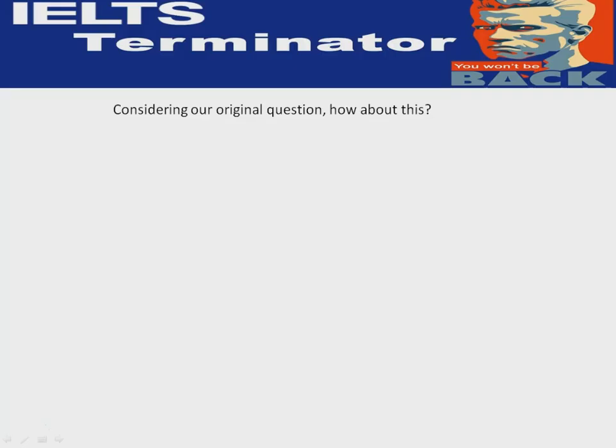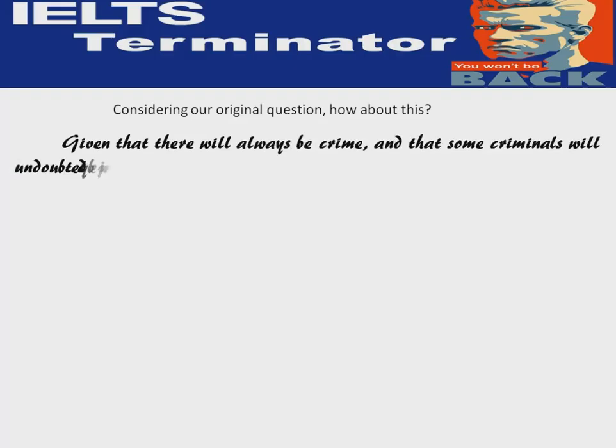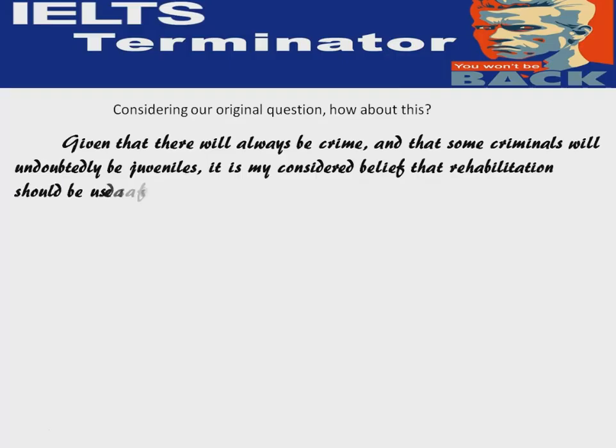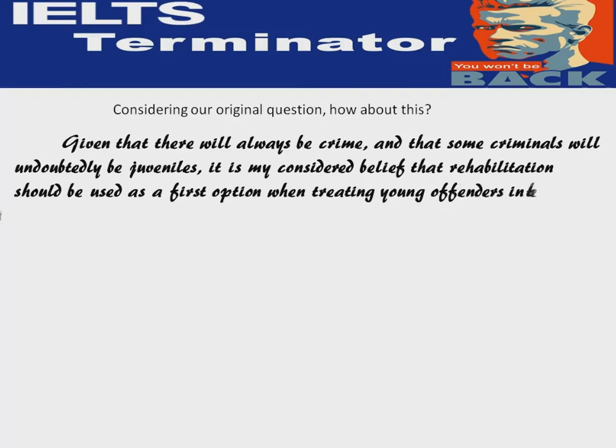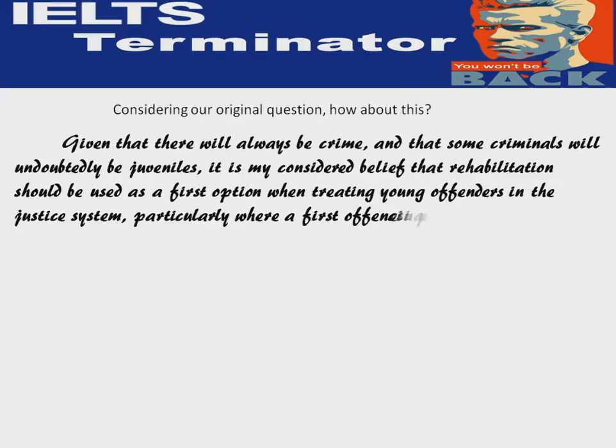Considering our original question, how about something like this? Given that there will always be crime, and that some criminals will undoubtedly be juveniles, it is my considered belief that rehabilitation should be used as a first option when treating young offenders in the justice system, particularly where a first offence is in question.